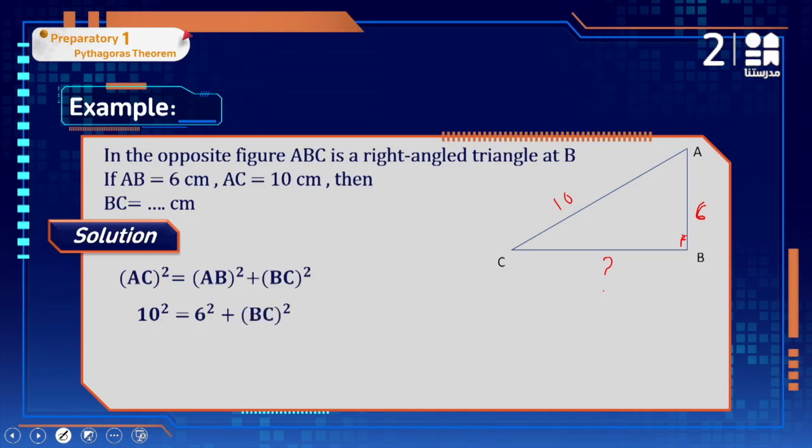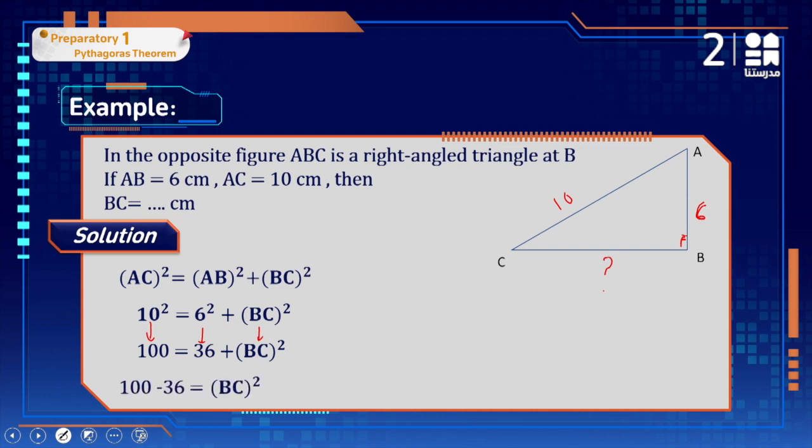Okay, let's apply the Pythagorean theorem. AC squared equals AB squared plus BC squared. Instead of AC, we are going to put 10 squared. Instead of AB, put 6 squared and BC squared as it is. Then 10 squared is 100. 6 squared, 6 times 6 is 36, and BC squared as it is.